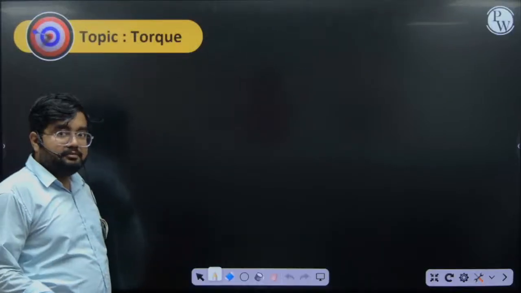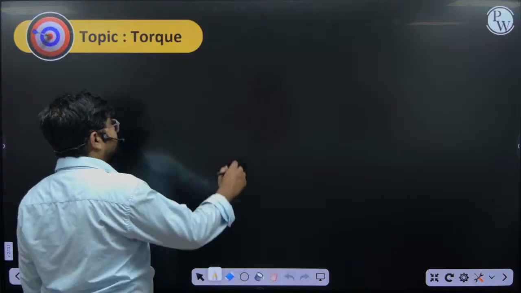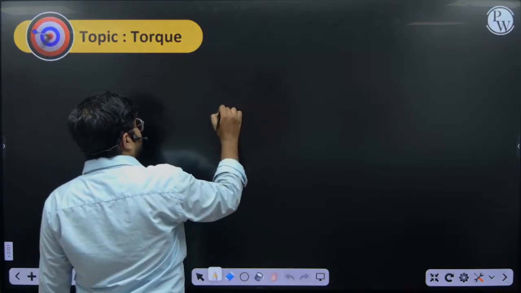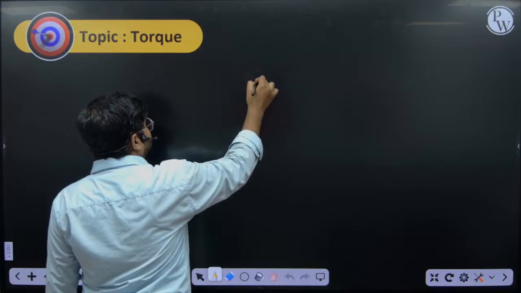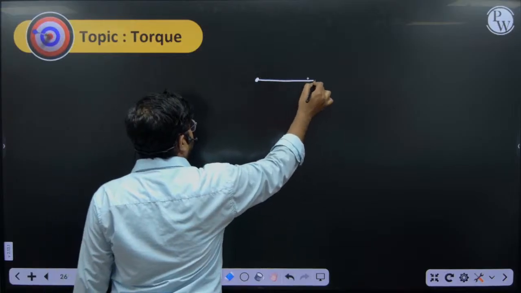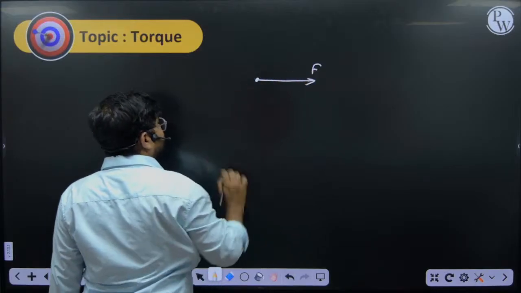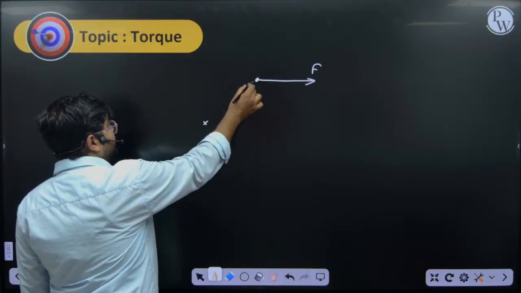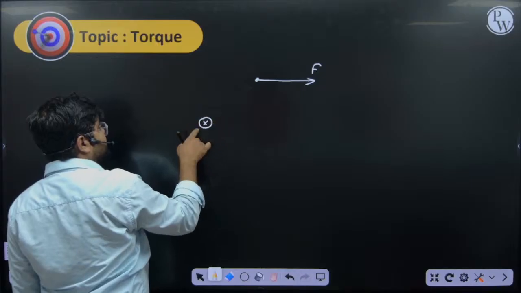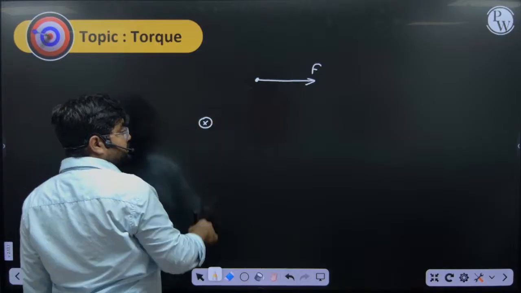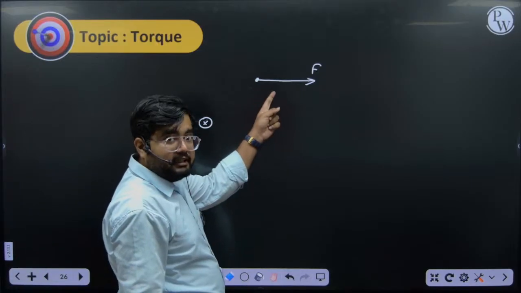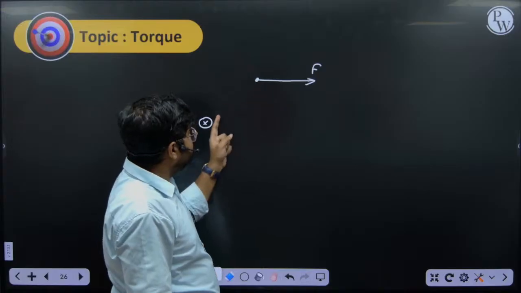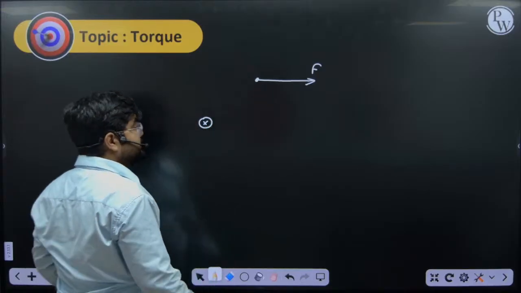Now what is the mathematical expression for it? Let us see that. Suppose a force is acting at a particular point, and we need to find the torque of this force about this point.